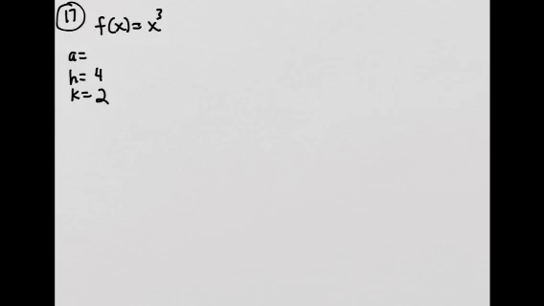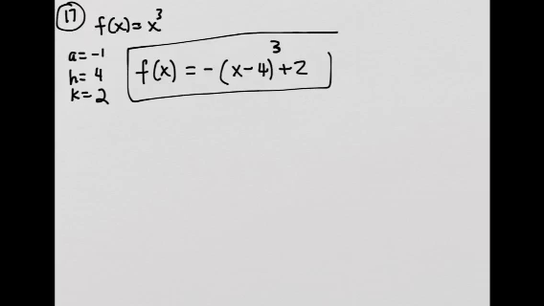And for reflection across the x-axis, that would be negative 1. So it would look like this. H is 4, so it would go in parentheses. Oops, that's a 3. Plus 2. And that would be it.